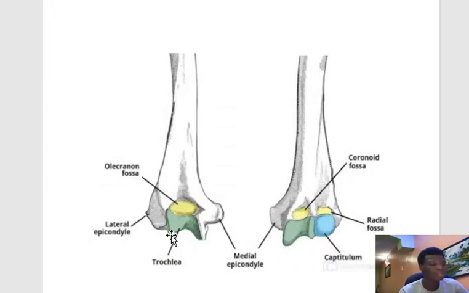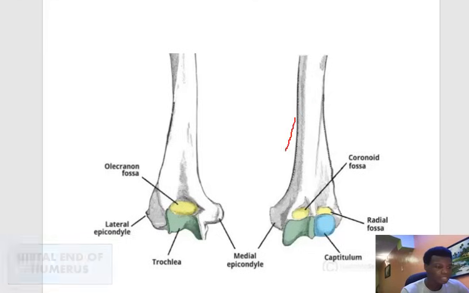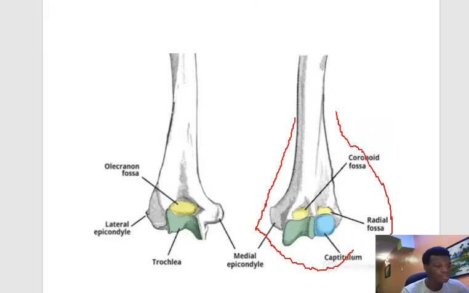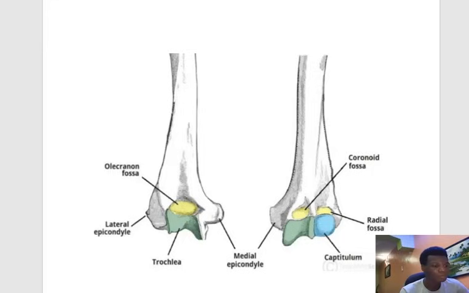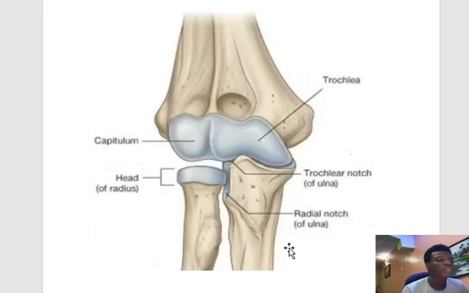Now let's come down to the distal end of the humerus. Okay, the distal end of the humerus is one very important part. So we'll take it step by step now, starting first with the anterior surface. We're looking at the humerus from in front now. All right, so two structures I want to draw your attention to.